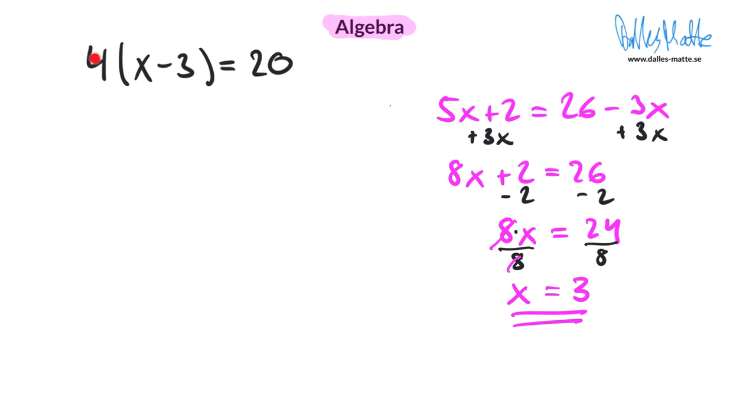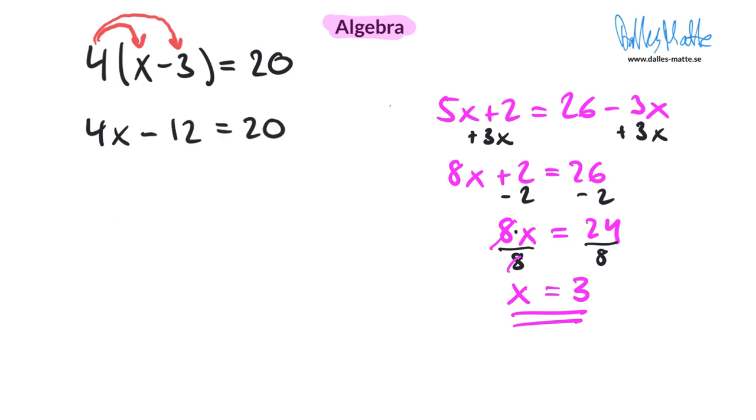Okay, we have a 4 that we are going to multiply with this. You can write arrows all the time. I do that as a teacher every time, so that I don't miss a step. 4 multiplied by x is 4x, and then the next arrow, 4 multiplied by minus 3 is minus 12, equal to 20.